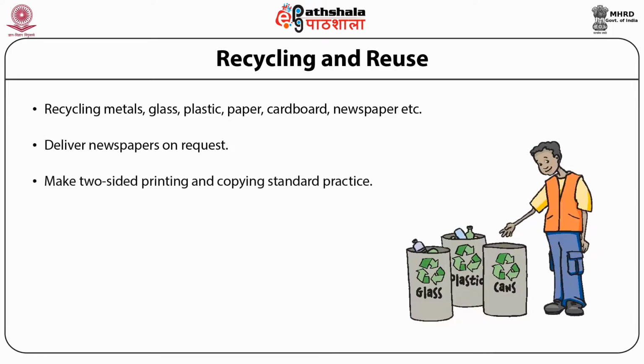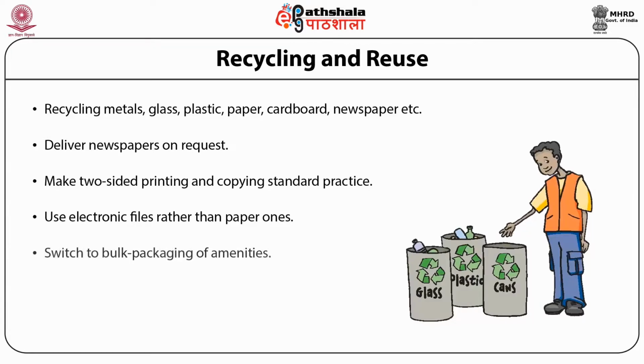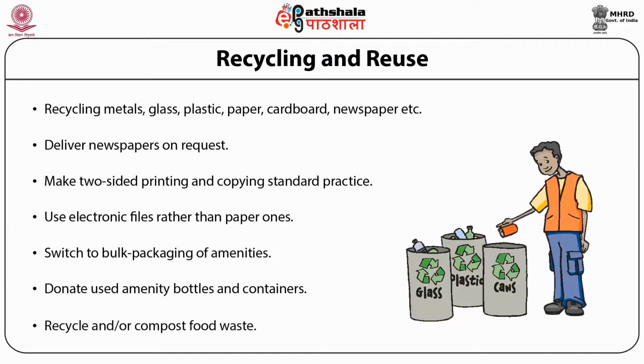We can make two-sided printing instead of using one side, and we can save paper. We can use electronic files rather than paper ones. We can switch to bulk packaging of amenities, donate used amenity bottles and containers, and we can also recycle or form compost from food waste, which can be used to produce organic fruits and vegetables.